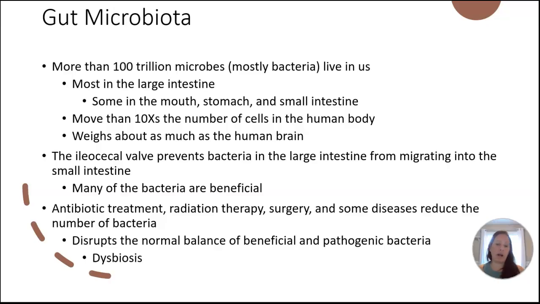We do have some in our mouth, stomach, and small intestine, but the majority are going to be living in our large intestine. The number of bacteria found here is 10 times the number of cells in the human body. I mentioned that in an earlier video as well. It's kind of interesting to think that you have more bacteria in and on you than you do cells that make up your body. It's kind of amazing.